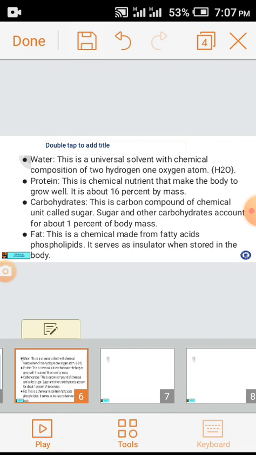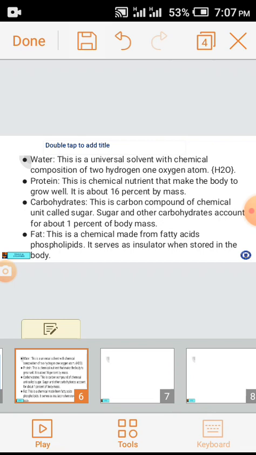Then we have carbohydrate. Carbohydrate is another vital chemical of life, an important chemical of life that helps to provide the body with energy to do work.